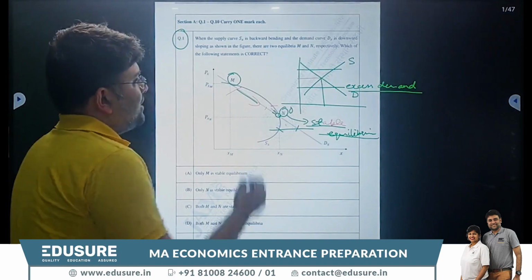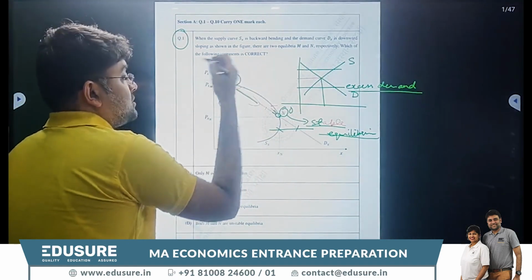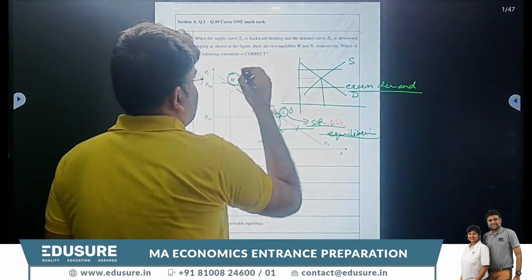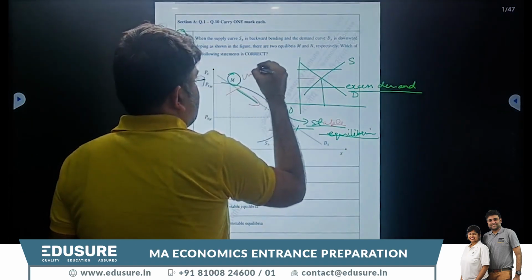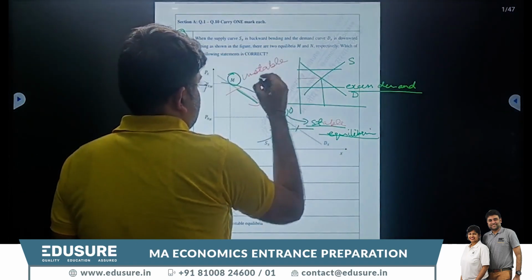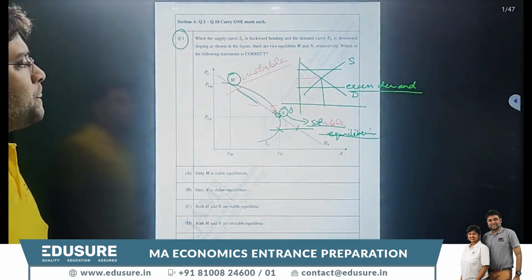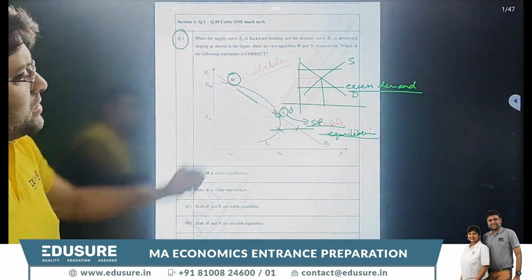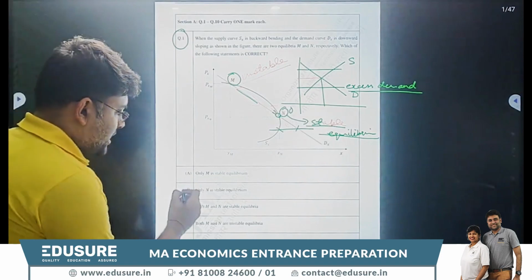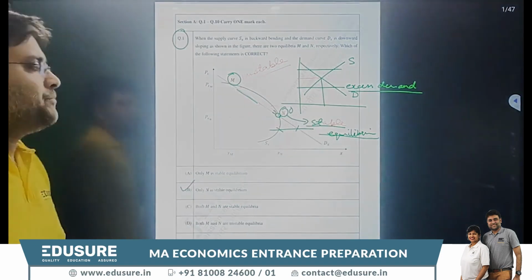Right? So M is not a stable equilibrium. In fact, this I can write as an unstable equilibrium. So it's not an equilibrium. Okay. So M is unstable, but N is stable. Only N is stable. Answer is B.